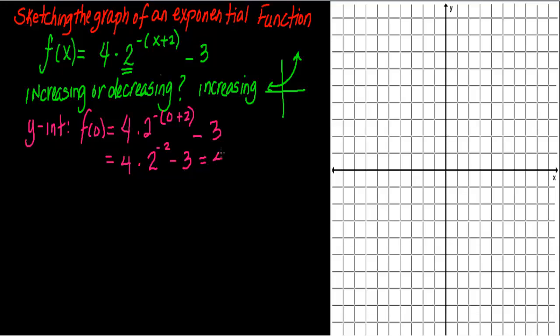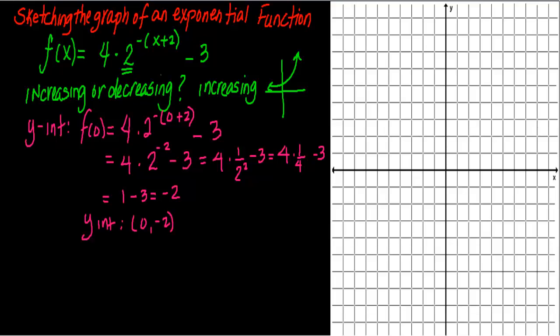That's going to equal 4 times 1 over 2 squared minus 3, and that equals 4 times 1/4 minus 3. That is going to equal 4 times a fourth is 1, and 1 minus 3 is negative 2. So your y-intercept is at 0, negative 2.